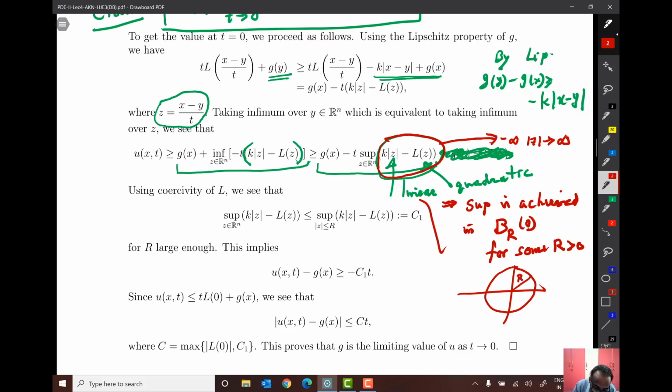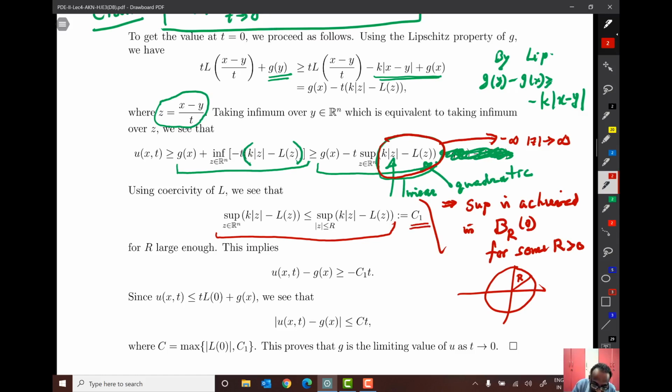So the supremum over R^n is less than or equal to the supremum over the ball, because after r it will be very, very small. Now the supremum is on a closed set, so the supremum is achieved. I call this C1.